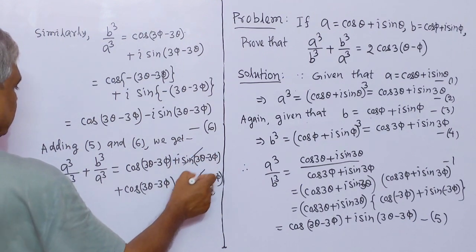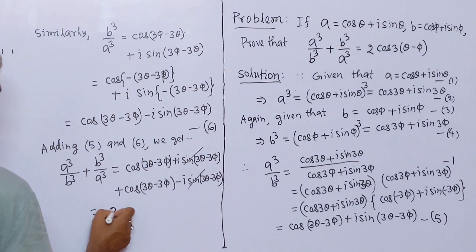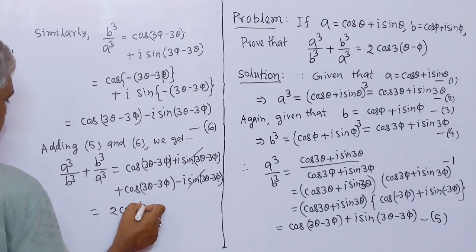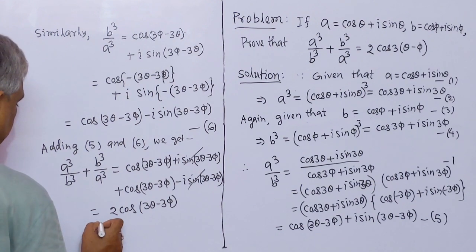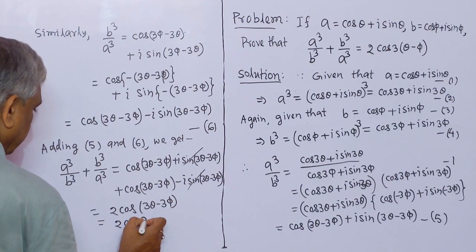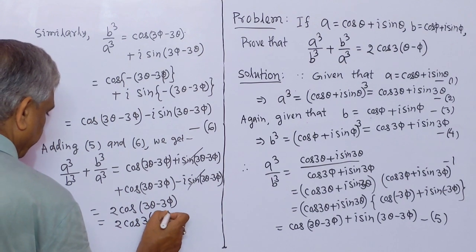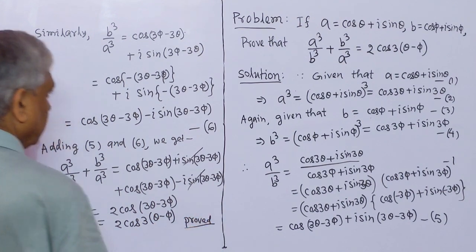This term and this term cancel. So this equal to 2 cos(3 theta minus 3 phi). This equal to 2 cos 3(theta minus phi). Proved.